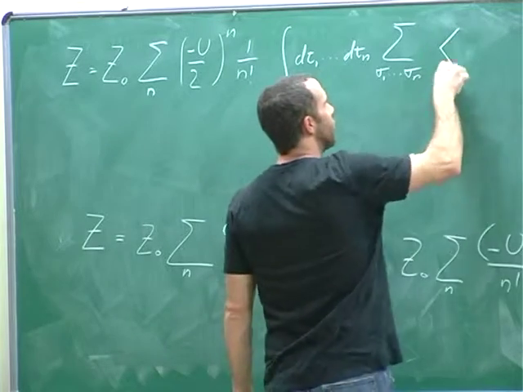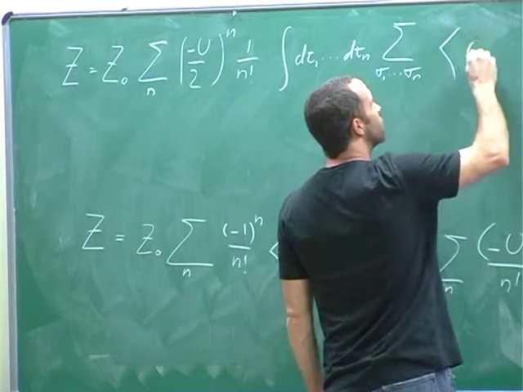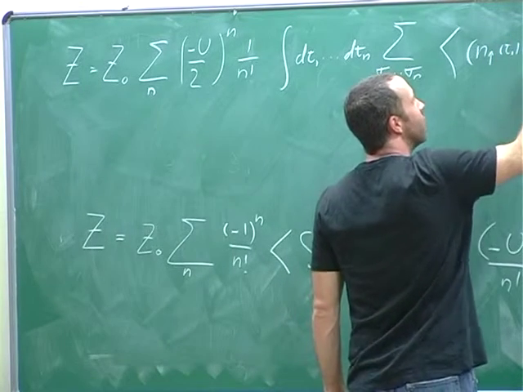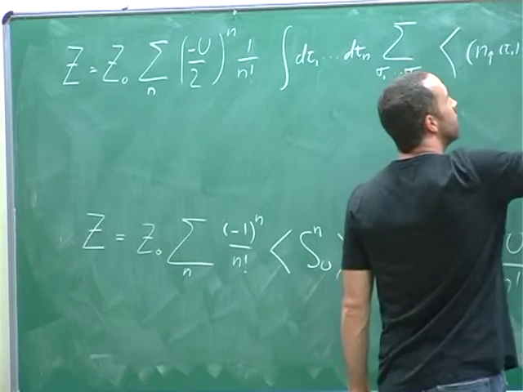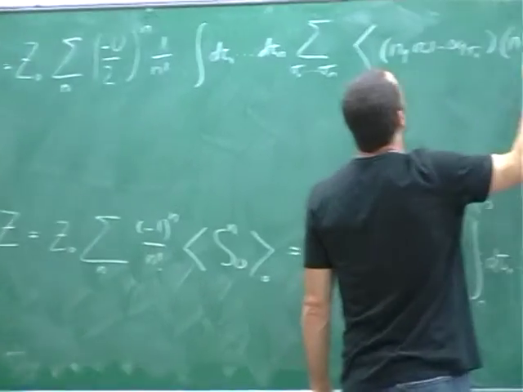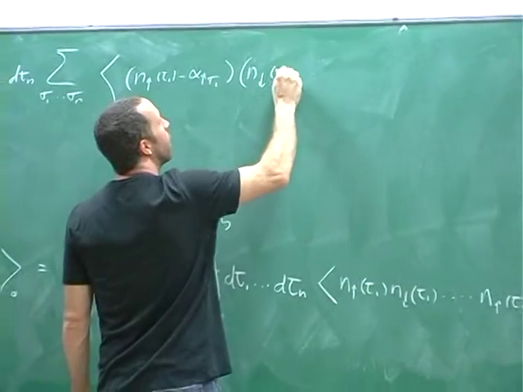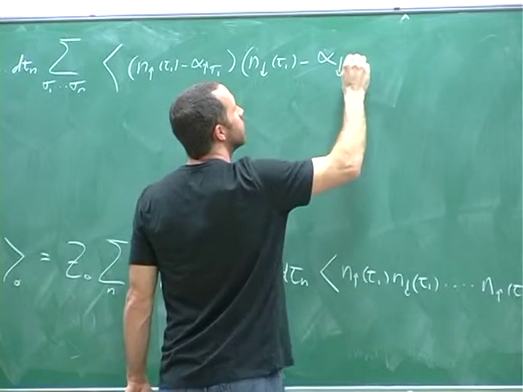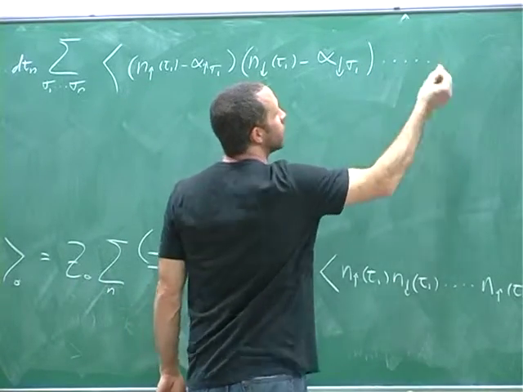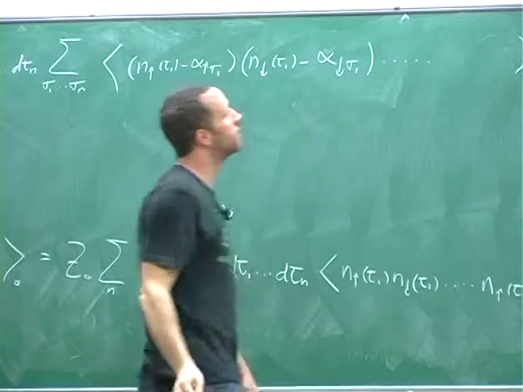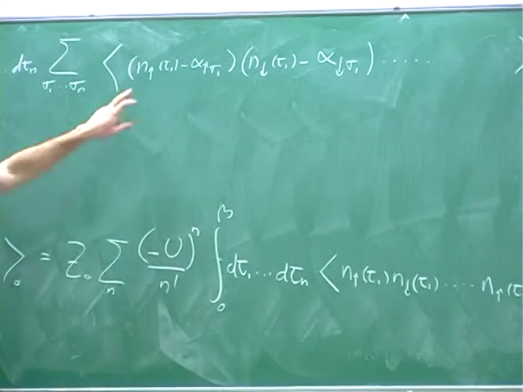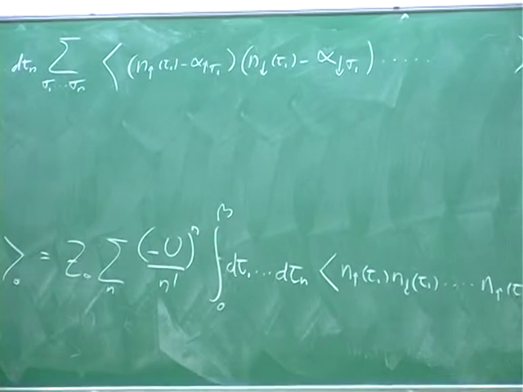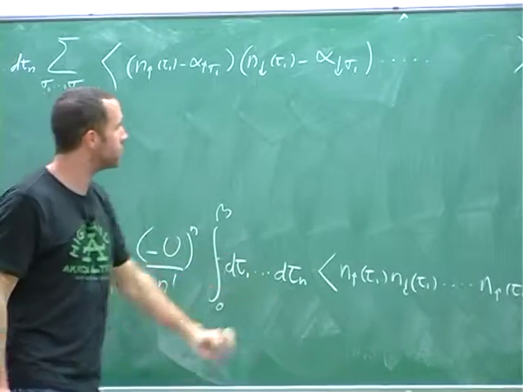And eventually I have this average value to compute, which now is slightly different because it involves stuff like n up at time tau 1 minus alpha, up sigma 1, n down at time tau 1 minus alpha, down sigma 1, and so on, all the way to tau n and sigma n. Okay, a small difference with respect to here.